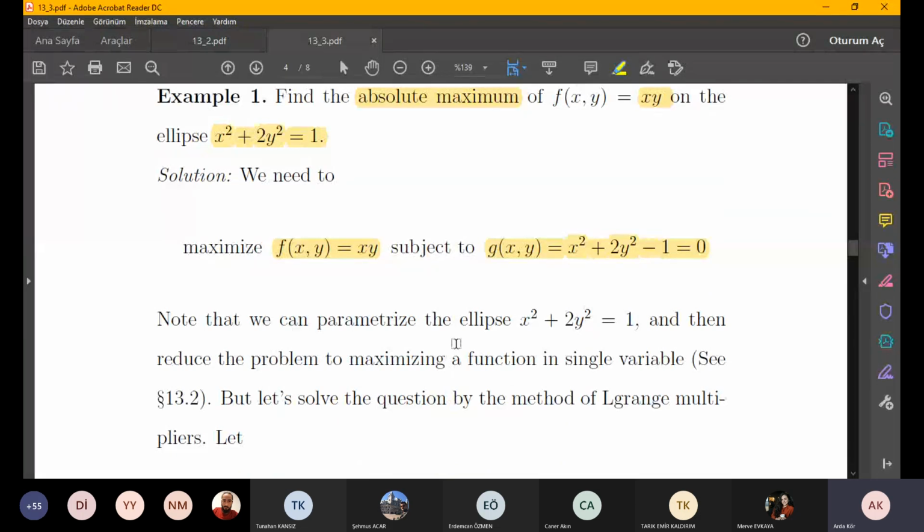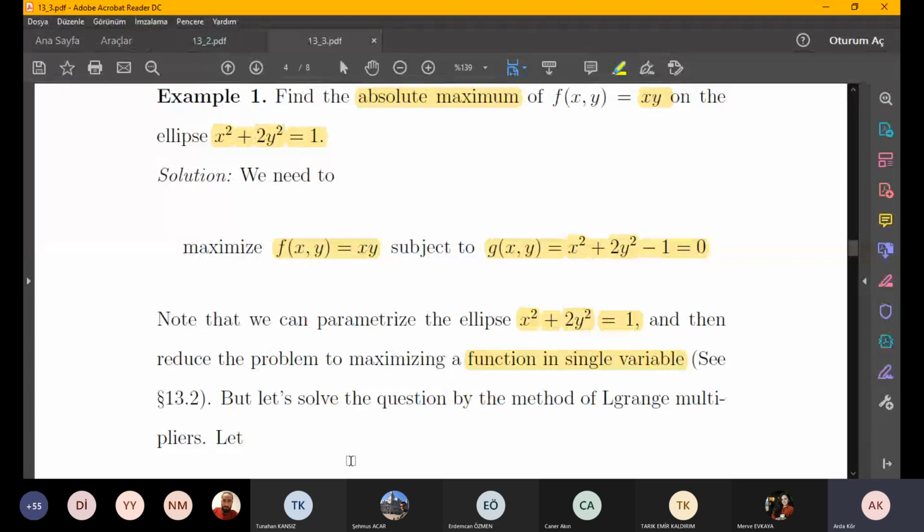So now we can parameterize the ellipse and then reduce, as we did. You can solve this example as we did in the previous chapter, by parameterizing, then defining it in a single variable, and then solving that maximizing problem.